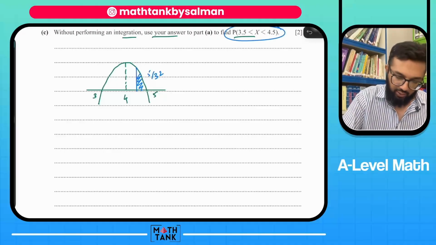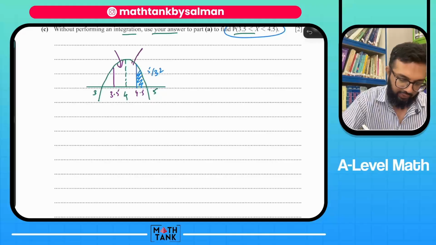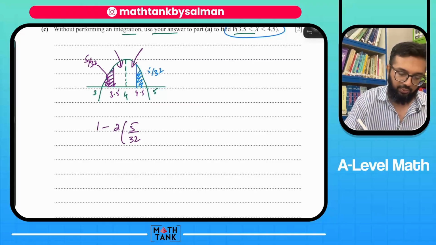I'm asking you now for 3.5 to 5. Okay, so 3.5 to 4.5. So I'm asking you for these two areas basically. Can I also say that this is 5 over 32 then? Why? Because it has to be in symmetry. Okay, so it's just 1 minus 2 times 5 over 32.